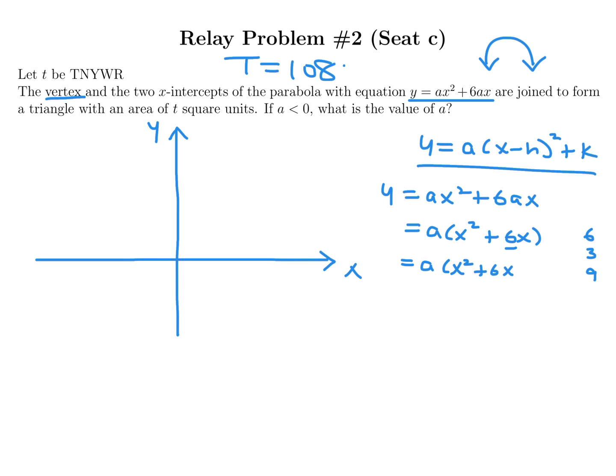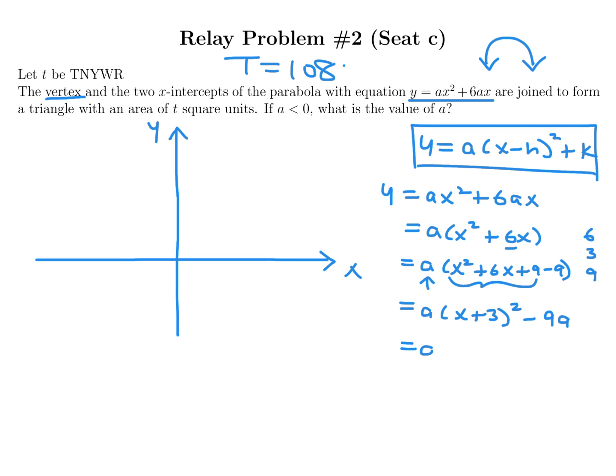So x squared plus 6x plus 9 minus 9. You have to subtract it immediately. And then those three will factor out beautifully, like that. And then don't forget, when you kick out the 9, you got to remember to multiply by that a. So that is the way of putting it in this form.